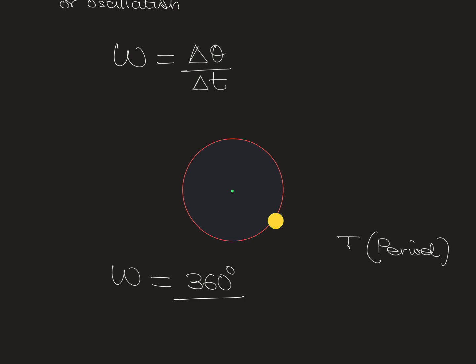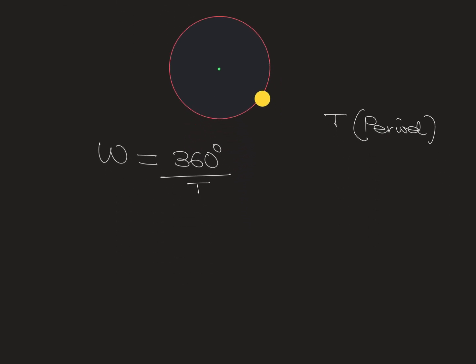We will come to that later. But for now, what you have to understand about period is the time taken to perform one complete rotation or one complete revolution. That is called period. So instead of delta t, I will write T.